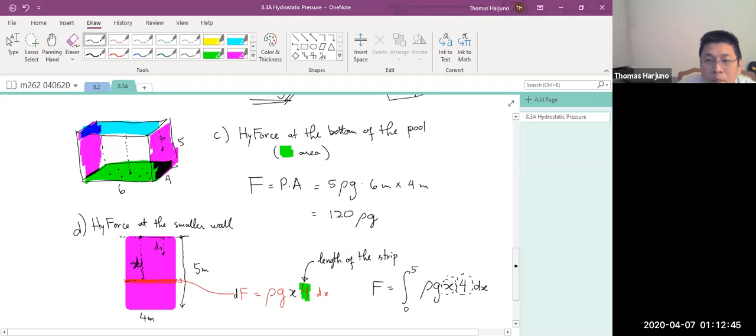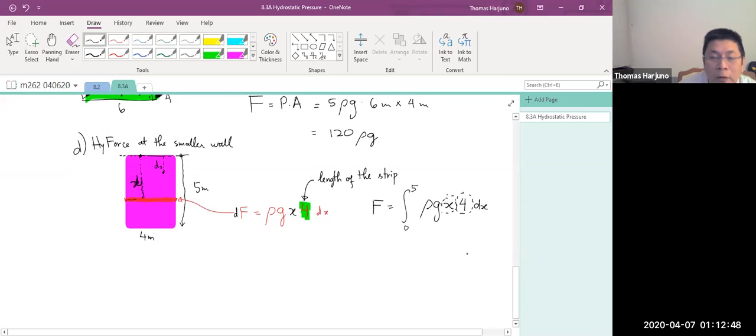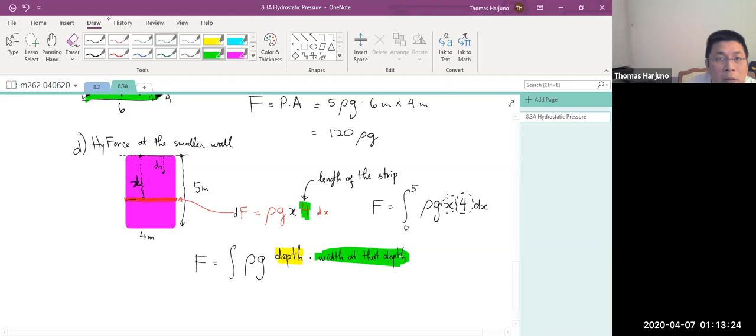Okay, everybody, the setup is quite difficult. You will see that the hydrostatic force that we are dealing with will be the integral of rho g times the depth, multiplied by the width at that depth, dx.